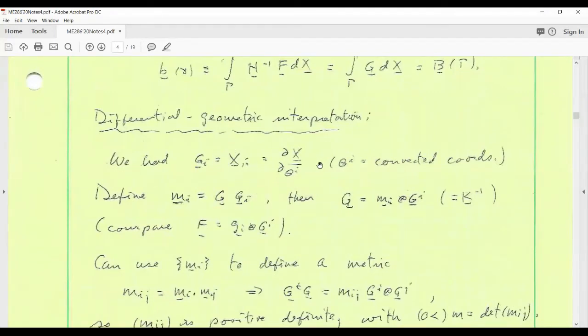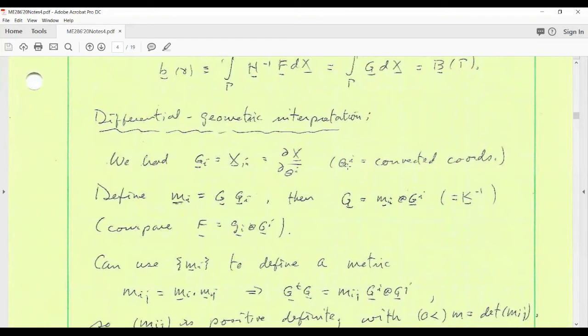So here, these are just the usual natural basis in the reference configuration. Again, induced by convected coordinates. So we could imagine painting a grid of coordinates on the reference configuration. We'll call those our curvilinear coordinates.